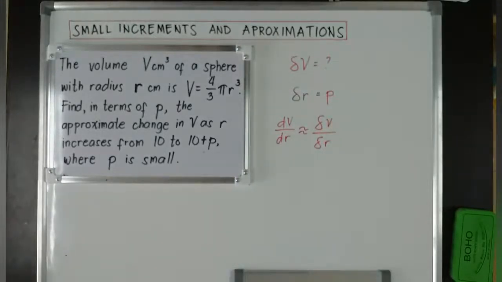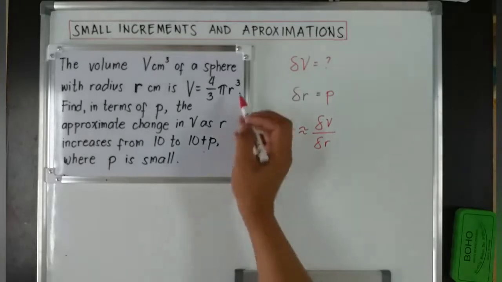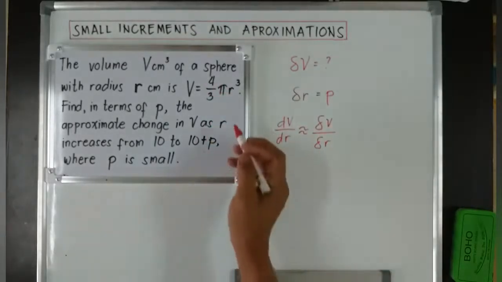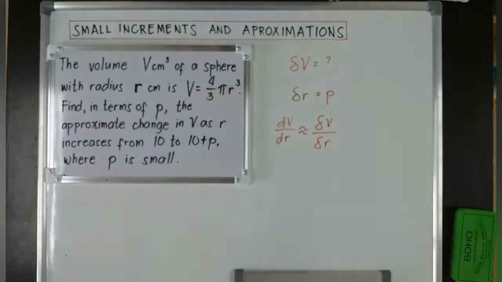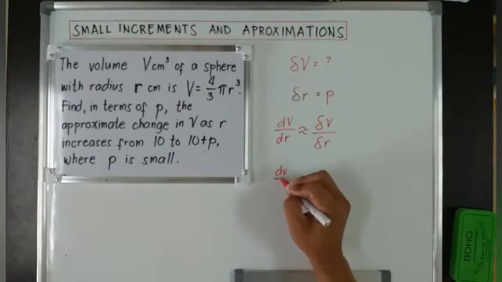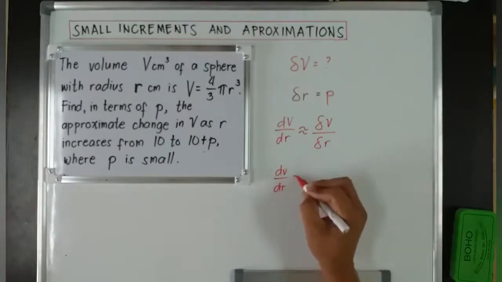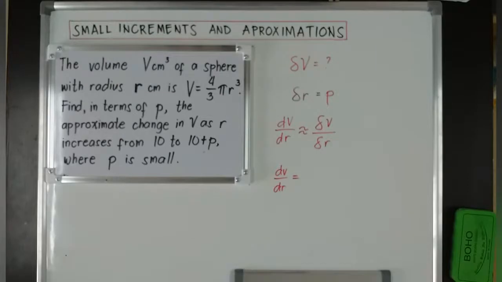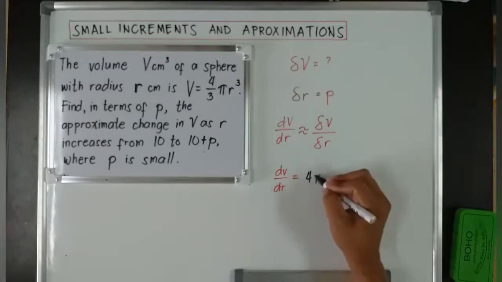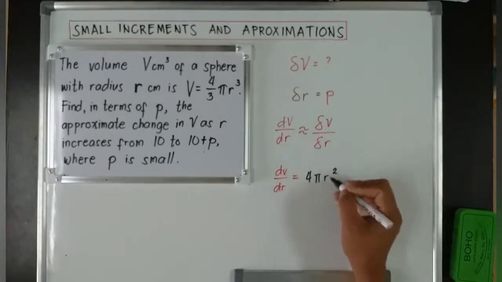Now, what is dV over dr? Pi is also a constant, so I don't care about that. So it means 3 times this, which is now dV over dr is equivalent now to 4 pi r squared. Why r squared?